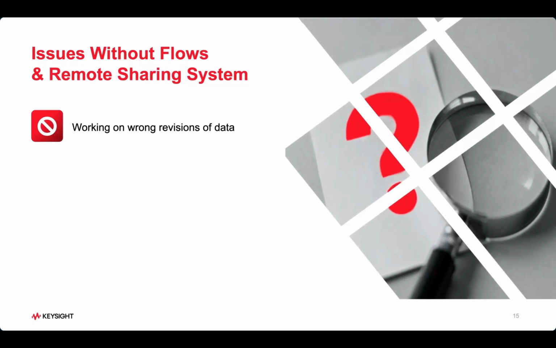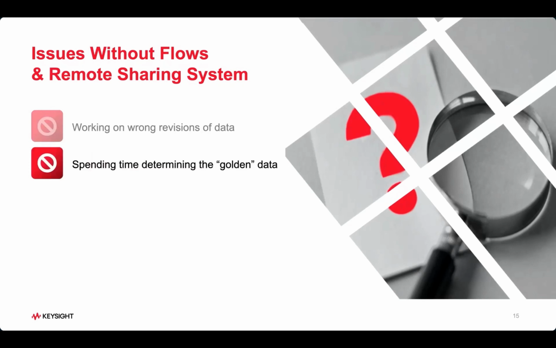You should be looking at revision 5, but you are looking at revision 6, and now you're working off of a revision that hasn't been vetted or verified yet. So again, that causes issues because you don't have the right data set to work off of. You end up spending more time determining what is the golden revision, what is the golden data set that you need in your work areas. If you don't have the right methodology and flow, you're going to spend a lot more time investigating what should be the right revisions.